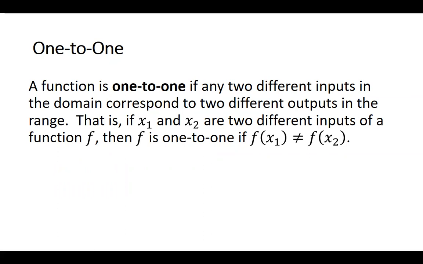Then I'm okay, because given a last name, I can now tell who I'm referring to. If I say Mr. Jones, Michael responds. If I say Mr. Smith, Chris responds. So one-to-one function just means now for every input, there is only one output, and for every output, there is only one input.